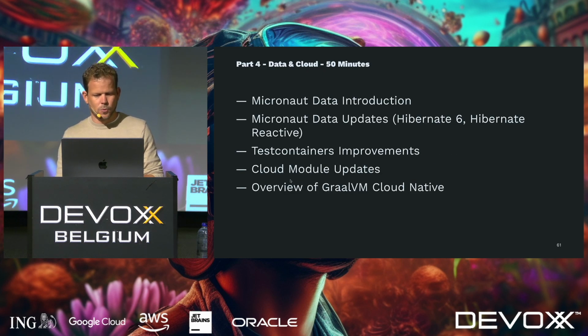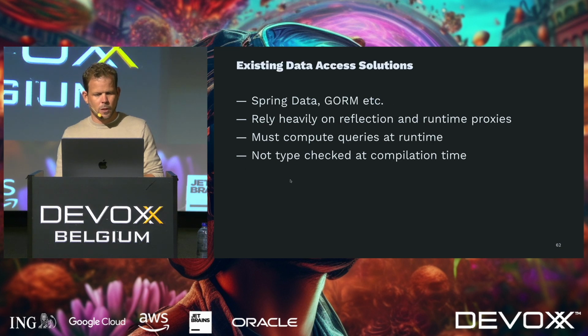Let's move on to Micronaut Data. If you are not aware of existing equivalent solutions, you have things like Spring Data and GORM that came before it. They rely heavily on reflection and runtime proxies.